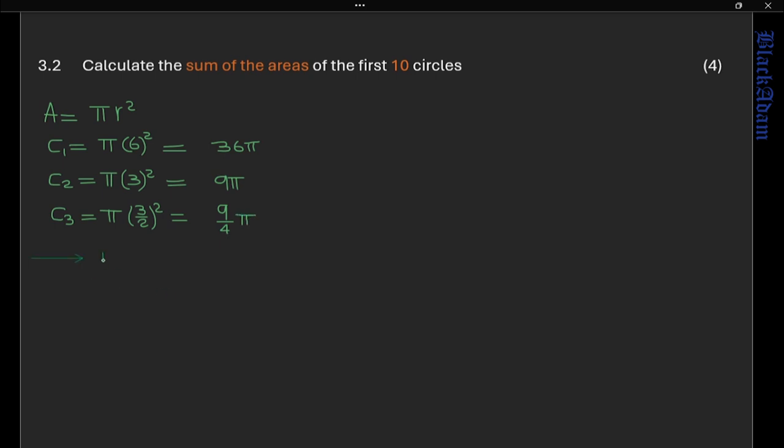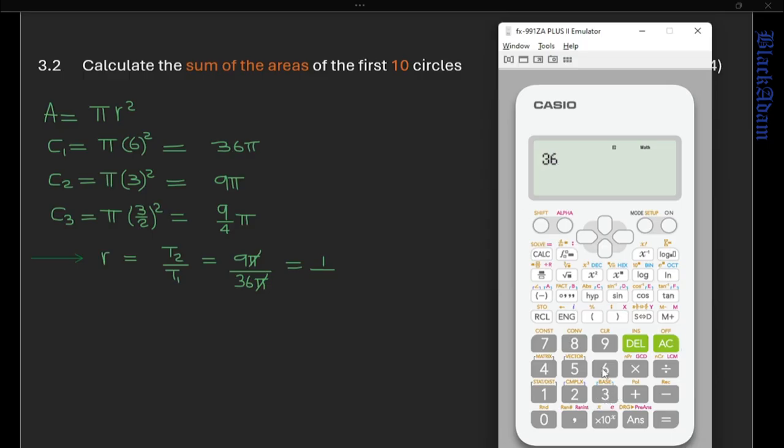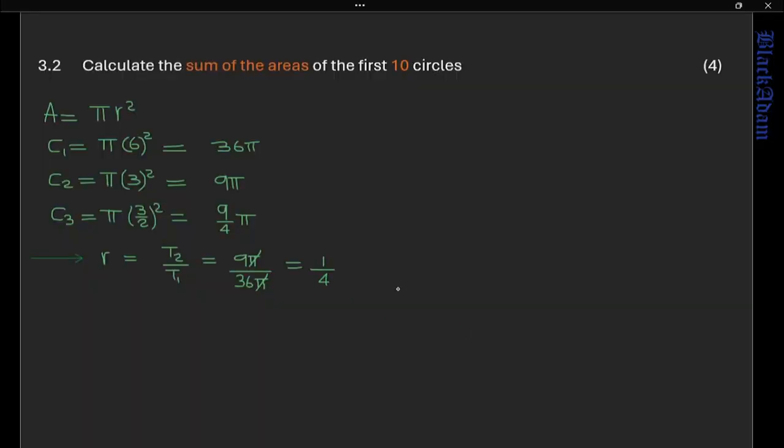Then we need to find the ratio, so that's T2/T1, that's going to be 9 pi over 36 pi, and then the pi cancels out, so we have 9/36, so that's 1/4, because 9 into 9 is 1, 9 into 36 is 4.